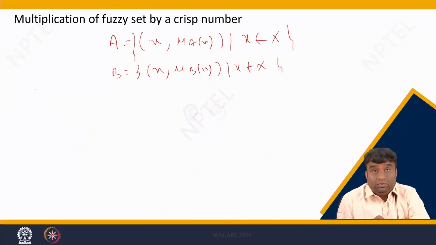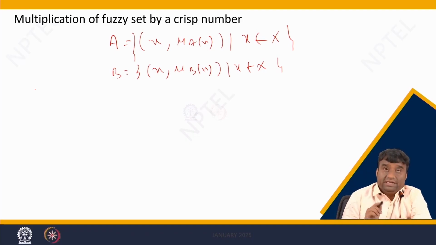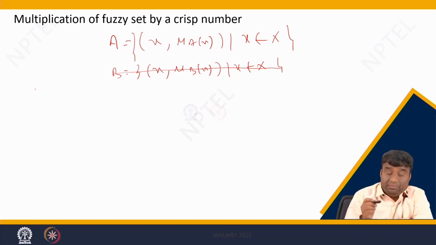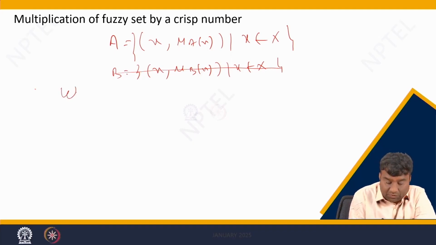Now we are going to learn the multiplication of a fuzzy set by a crisp number. So we are considering a fuzzy set A. So let's define only A. A is the fuzzy set {(x, mu_A(x))}, x belongs to X. Let alpha be a crisp number.